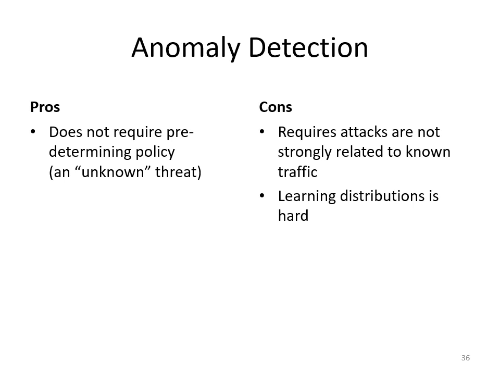So if we go back to our pros and cons, the pros are, you don't have to know the policy. You can find unknown attacks, which are called zero-day attacks. These are attacks where there is no notice that this attack exists and you can defend against it. It's a secret until it's actually used on you. The con is that you have to have an attack that does not look like your known traffic.